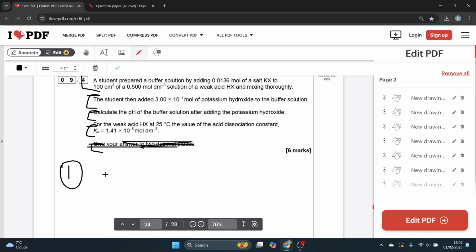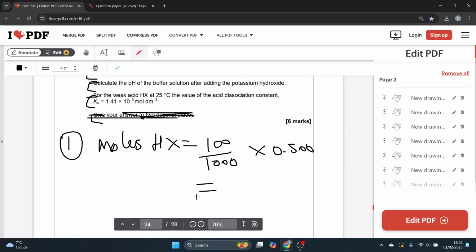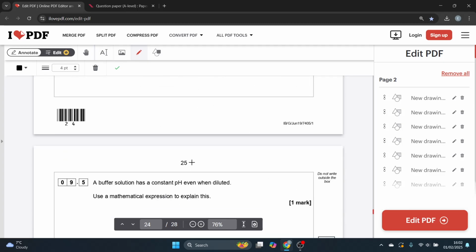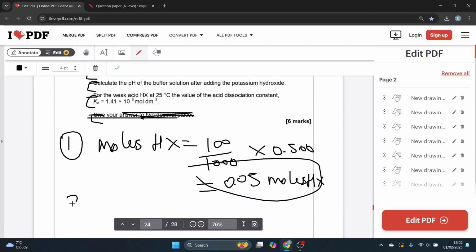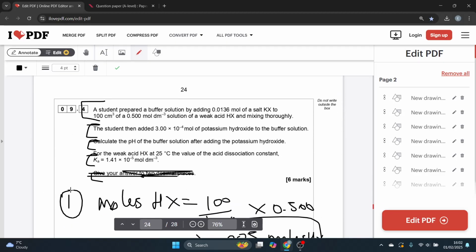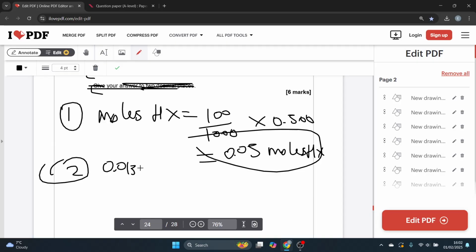work out the moles of HX, which is concentration times volume. And if I do that, I get 0.05. Then what I want to do, well actually I already got the moles of the salt KX, 0.0136.